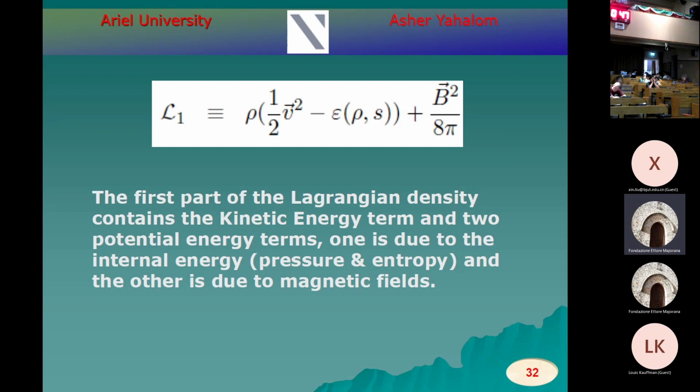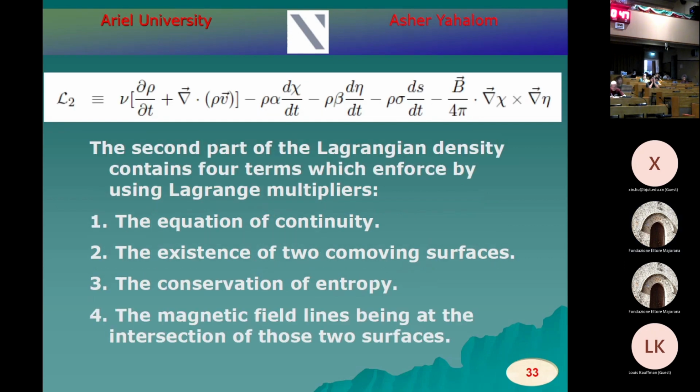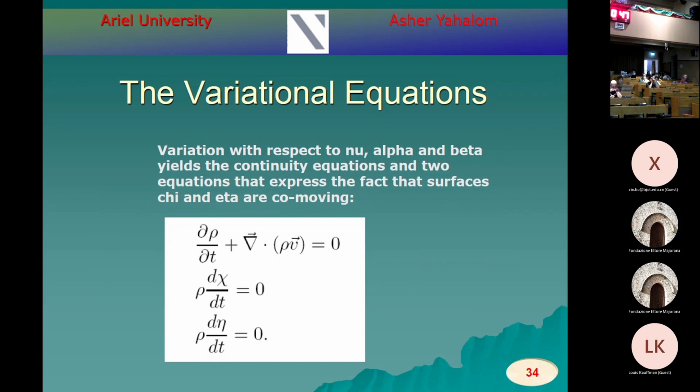Pressure is given in terms of internal energy. What do we enforce with the second part? The equation of continuity, the existence of two co-moving surfaces, conservation of entropy, and the fact that the magnetic field lines will be at this intersection of two surfaces.